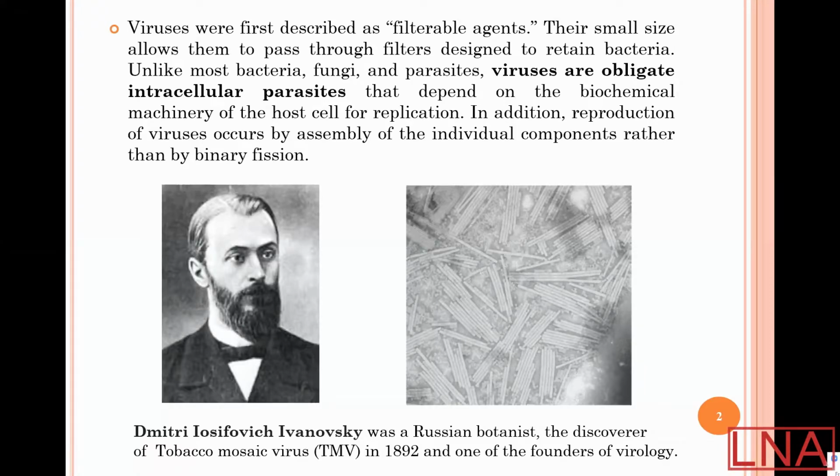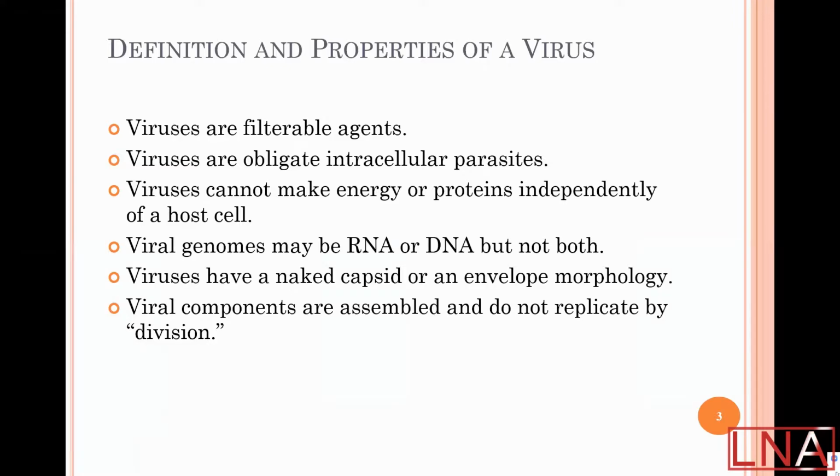Over the world, we usually have many more viruses than organisms. One organism can be infected by various types of viruses. So, about the viruses, we can say a few general things. First, very small filterable agents, obligate intracellular parasites.